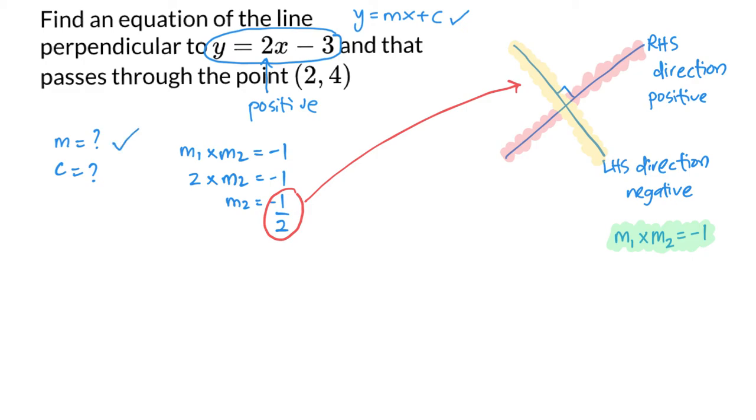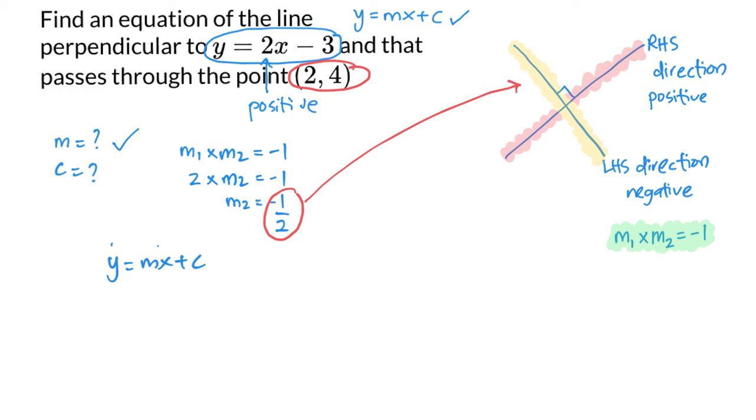This step is similar to constructing another equation of a straight line. So y equal mx plus c, and at this stage we have m, and we also have a point. Y and x come from the point, that is why we have a point here. This point given is actually to help us find c.